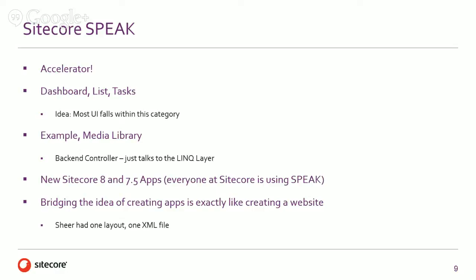So as I said before, all the projects starting on Sitecore 8 and 7.5, all new UI changes are using Speak. We're definitely embracing that from a product perspective, and from my experience with it, it's really bridging that idea of creating apps exactly like a Sitecore website. Of course, with the Sheer framework, you used to bind an item to one layout, and that one layout would be an XML file that would sit on the system.